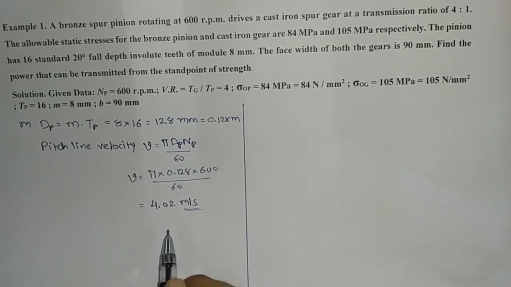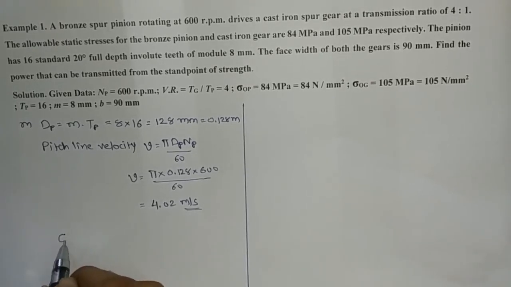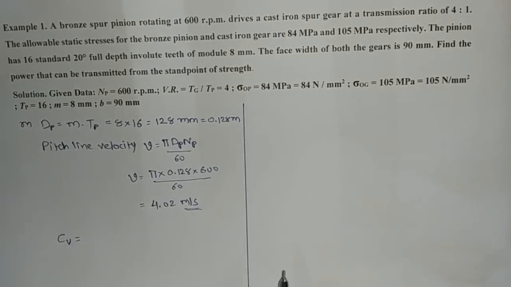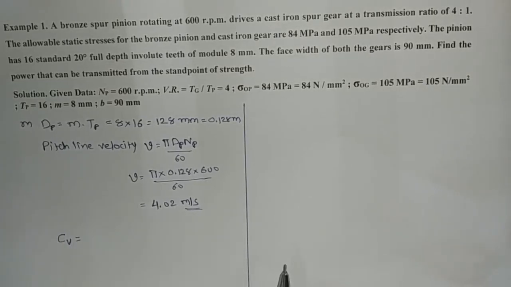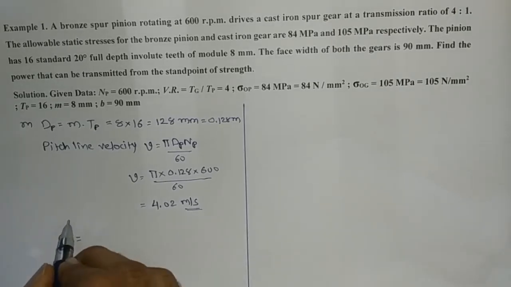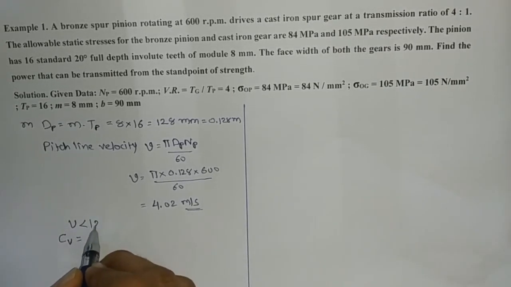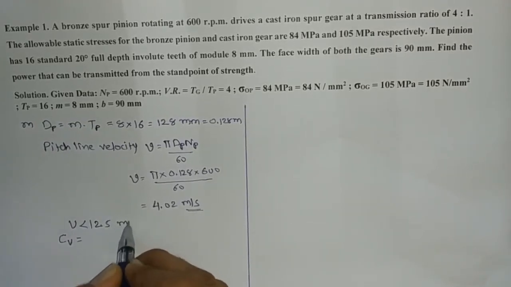Now the next step is to find the velocity factor Cv. You can find the Cv by equation, and there are different equations for the Cv; the equation of Cv depends upon the pitch line velocity. Here the pitch line velocity V is less than 12.5 meter per second.